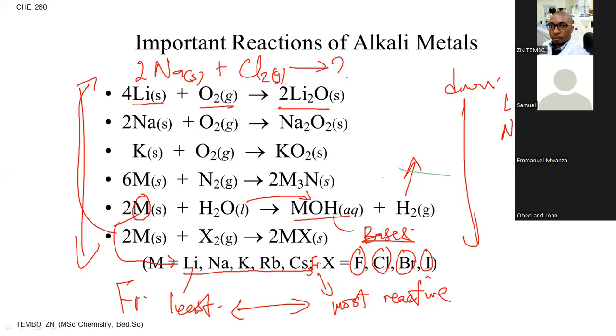If you balance it like that, it's going to give us sodium chloride, a metal chloride, solid. All of them have got a valence of 1. So this is the typical reaction, but are you able to see that you can react metals with a halogen to produce a salt, which we are having here as sodium chloride.